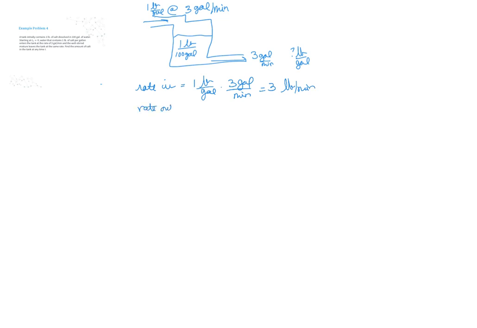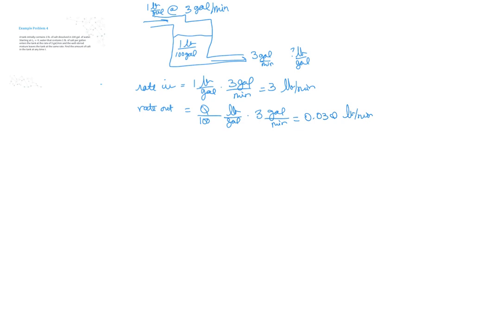Our rate out then will be some amount of salt in proportion to the 100 gallons of solution already in the tank, times the rate that it's going out, or our 3 gallons per minute. So we end up with 0.03 Q pounds per minute going out.